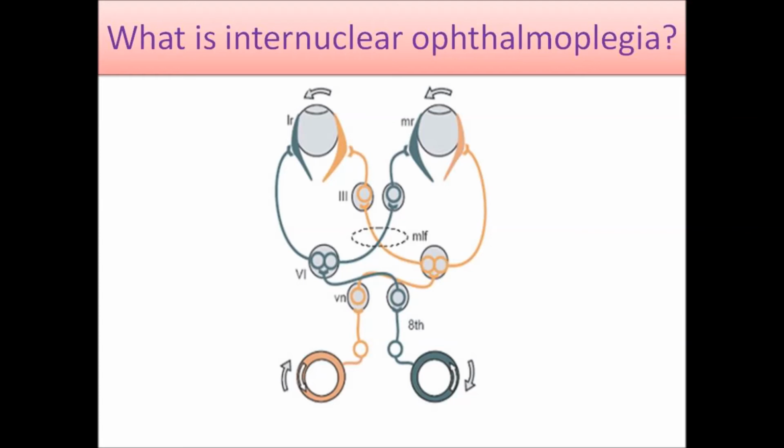My cranial nerve 6 nucleus, which is found within the pons, will send signals to my right lateral rectus, so that I will abduct my right eye. And at the same time, signals will pass along fibers from the cranial nerve 6 nucleus on the right side to the cranial nerve 3 nucleus of the opposite side, the contralateral side.